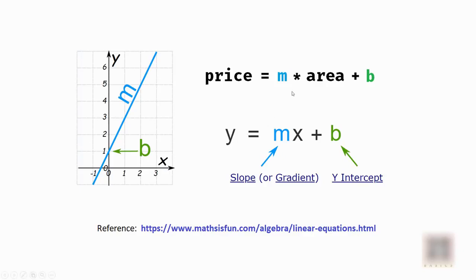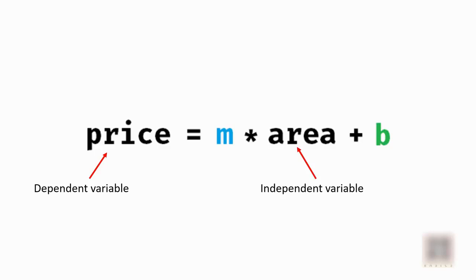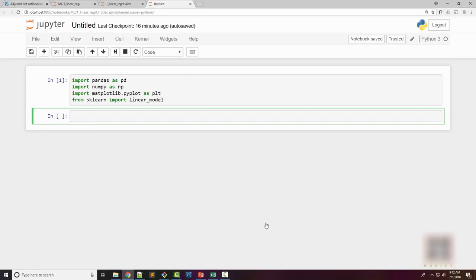In our case, the slope is m, the y is price and the x variable is area. Area is called an independent variable, whereas price is called a dependent variable, because we are calculating price based on this area. Now we are going to write Python code for doing home price predictions.